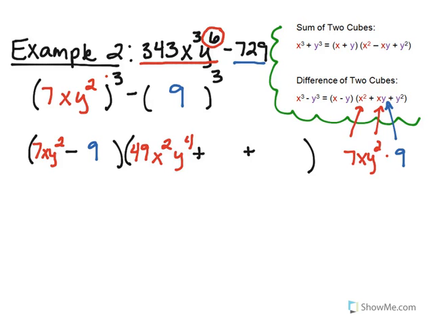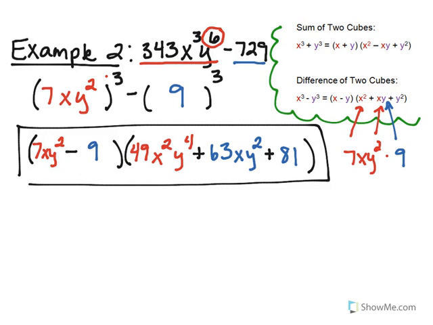So my middle term here, I'm going to erase that plus sign, I'm running out of room, is going to be 63xy squared. And then my last term is just the y part squared, which is 9. So 9 squared is 81. And there isn't anything else to simplify here. I did that pretty much as I went. So this would be my final answer. And that's going to conclude this tutorial.